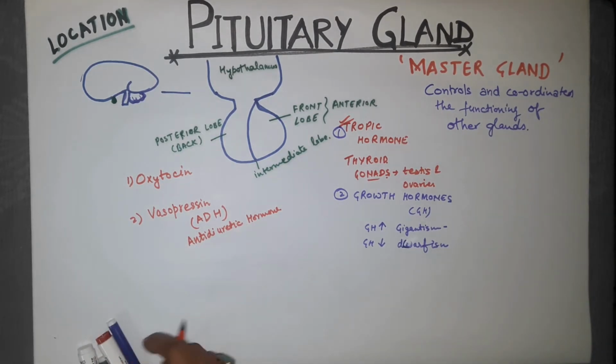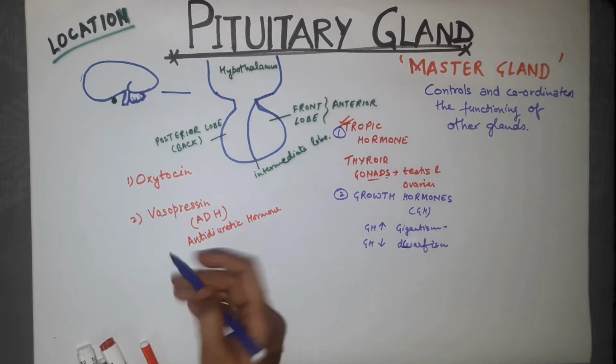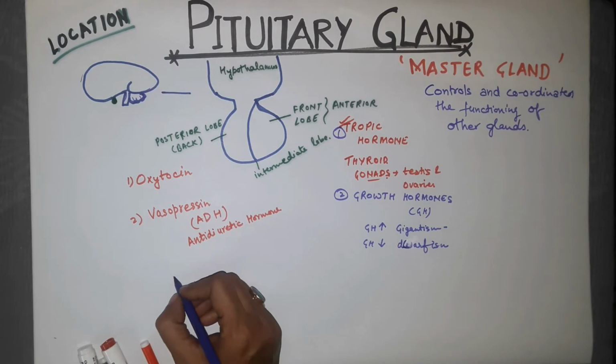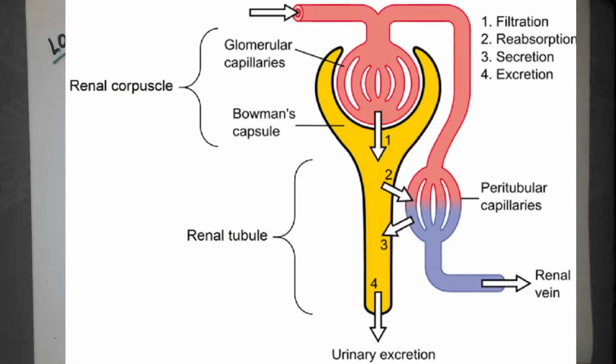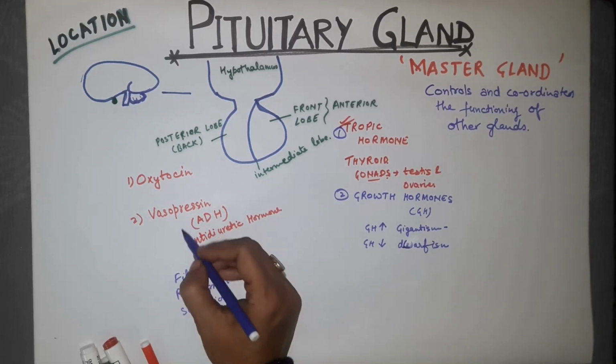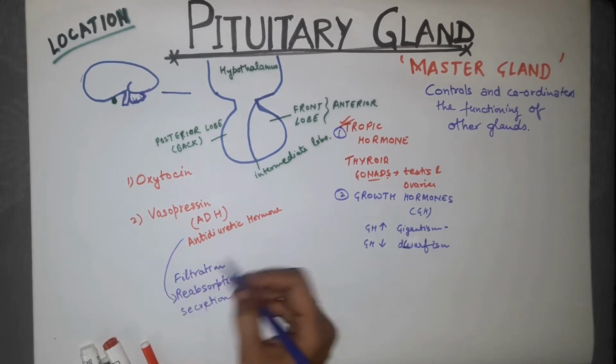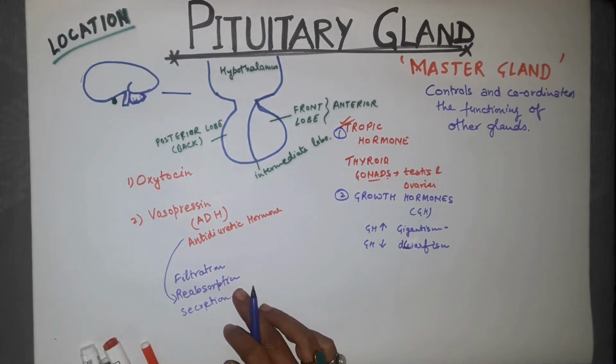If you remember, in the 7th standard you have studied about urine formation, and there are 3 processes: the first one is filtration, then reabsorption, and the last one is secretion. So this antidiuretic hormone will affect the reabsorption process.